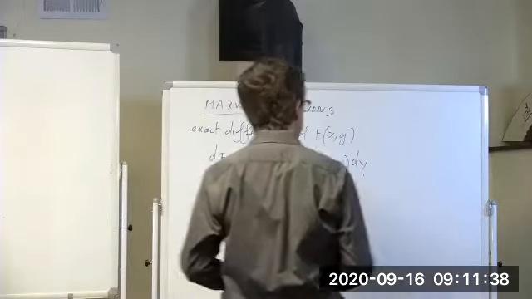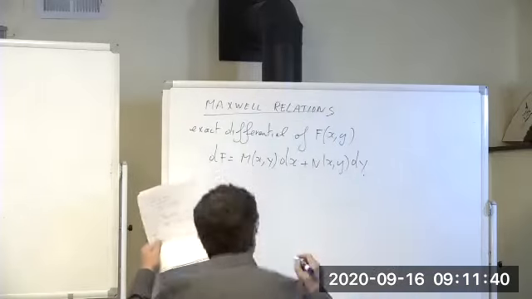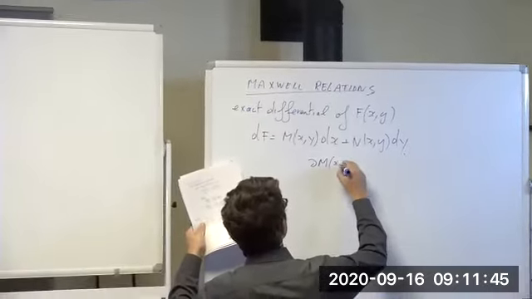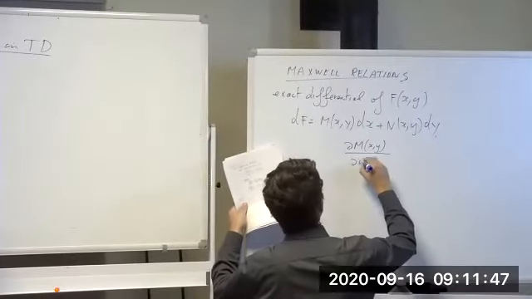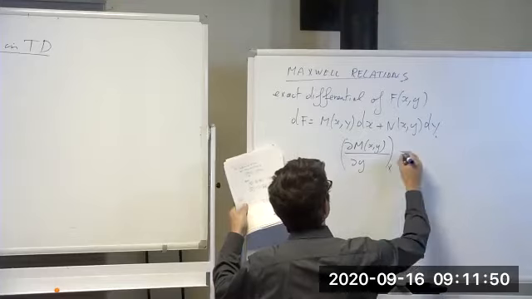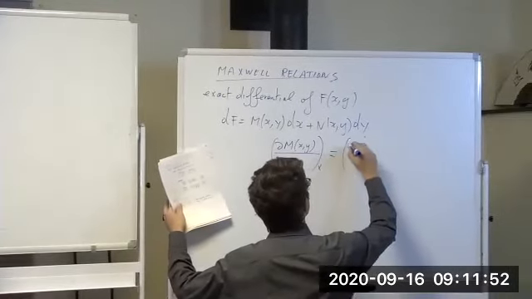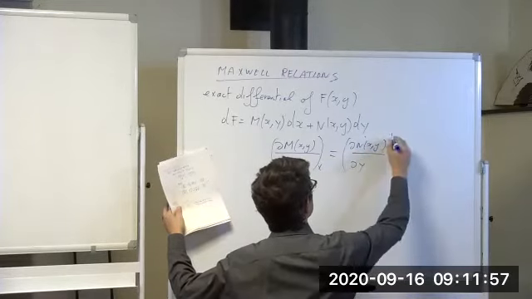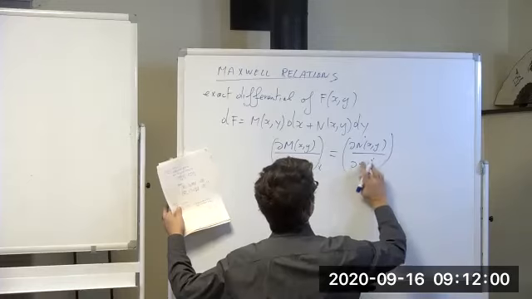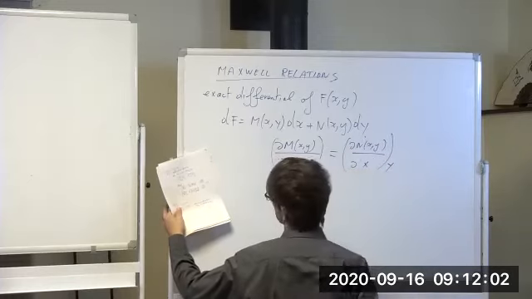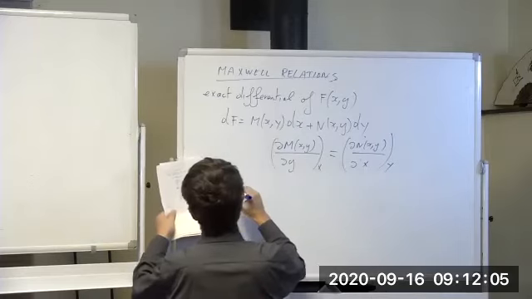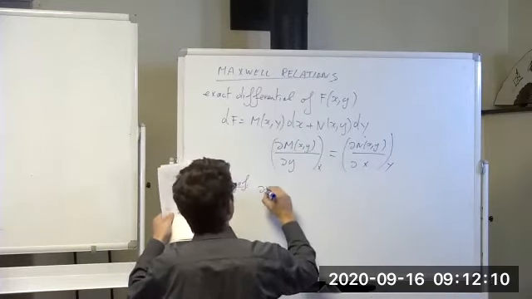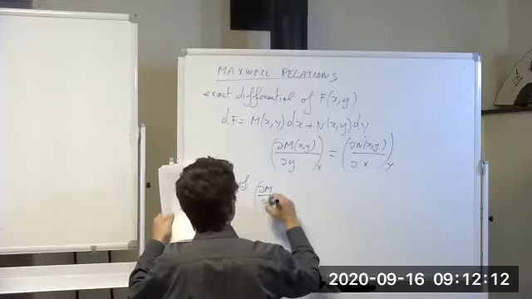And the Maxwell relation is a statement that the dM/dy at constant x is equal to the dN/dx at constant y. And that's easy to prove. So let me take the dM/dy at constant x.